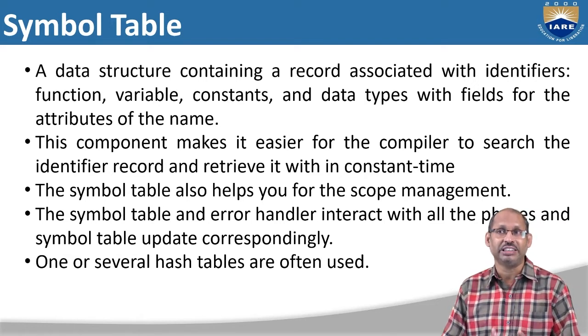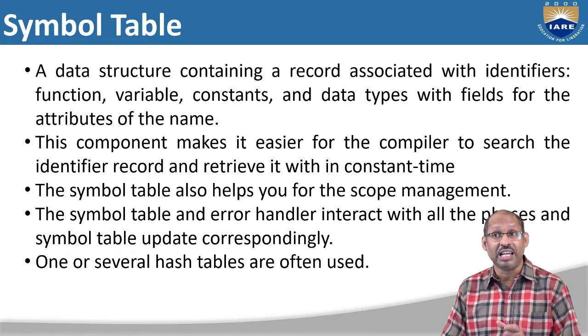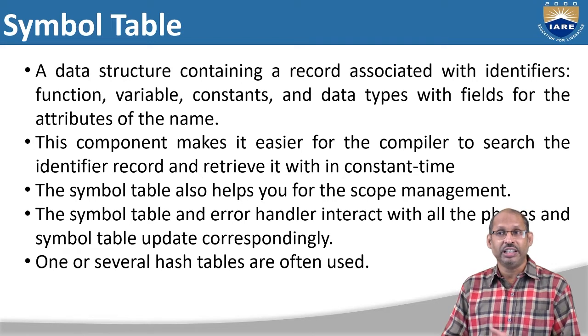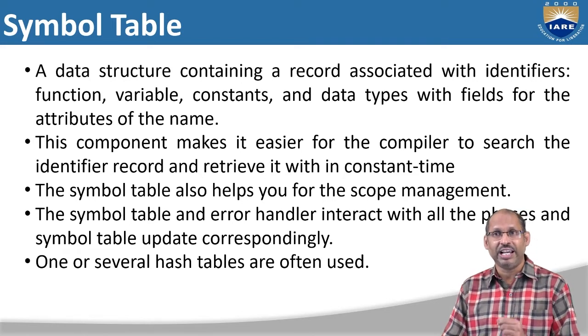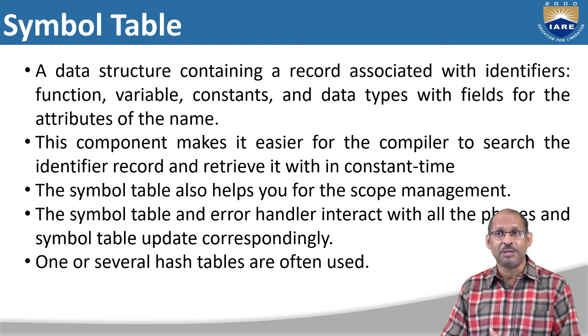It has to be retrieved in constant time. This symbol table also maintains scope management, and it also helps the error handler. So in the same scope, when you declare the same variable name once again, the symbol table will detect that a duplicate variable is declared in the same scope.